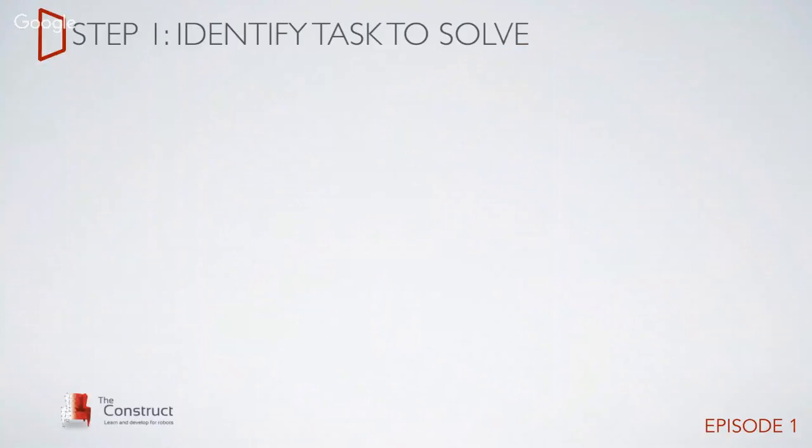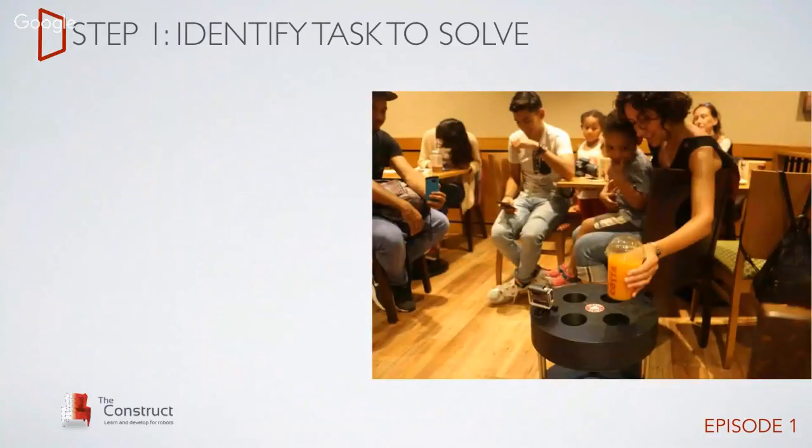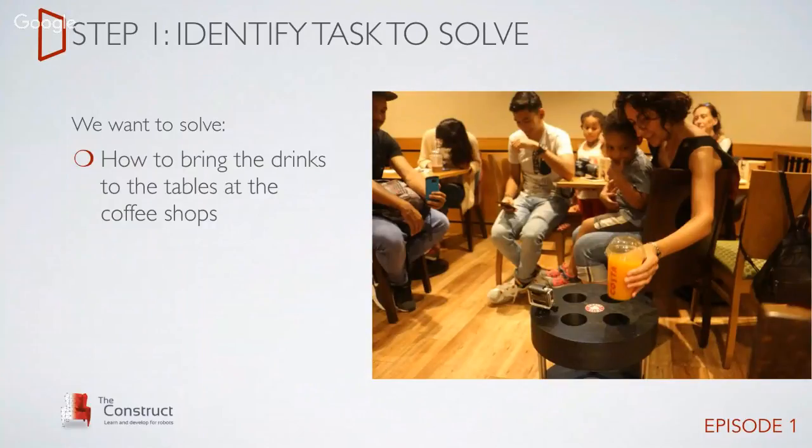So let's go. The first step inside this part is to identify the task that you want to solve. So, for example, in our case, that we have the barista robot, what we wanted to solve is how to bring the drinks to the tables at the coffee shops. So that's the task that we would like to solve.